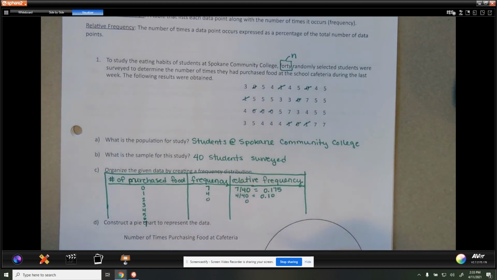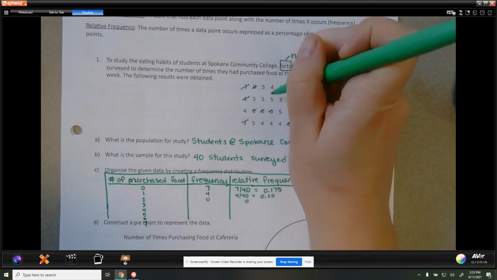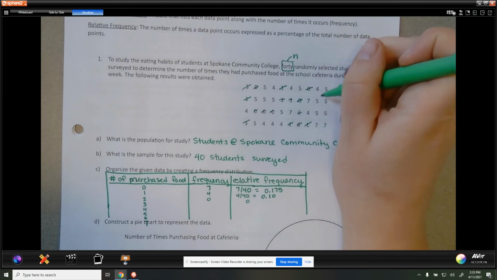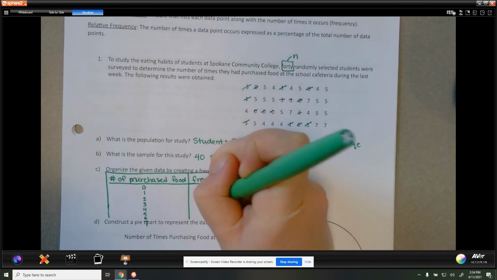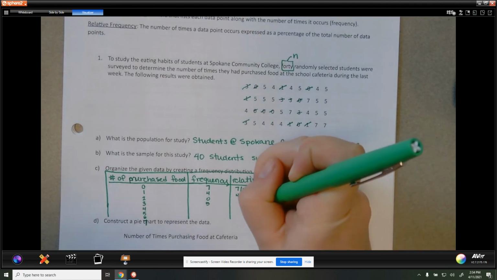All right. Frequency of threes, so we've got 1, 2, 3, 4, 5, 5 threes. 3 divided by 40 is 0.